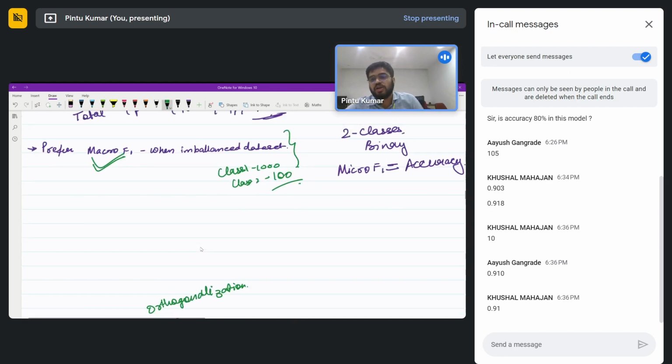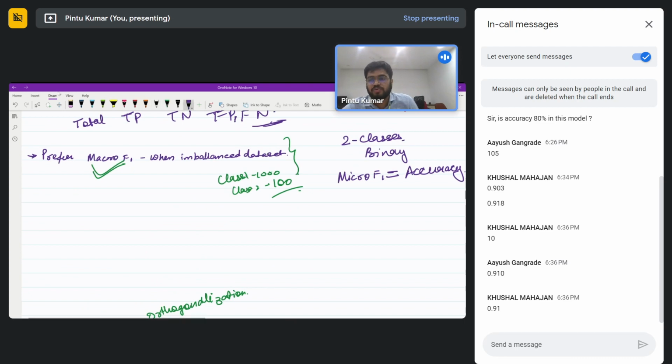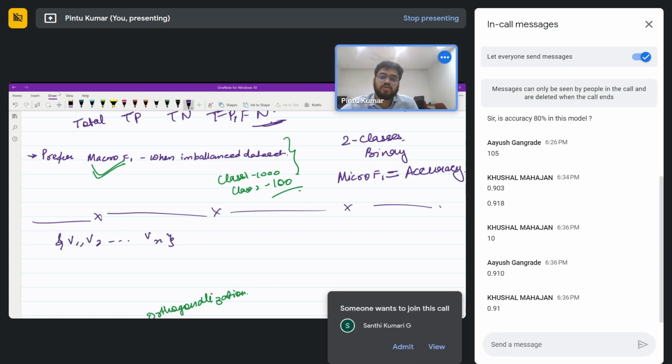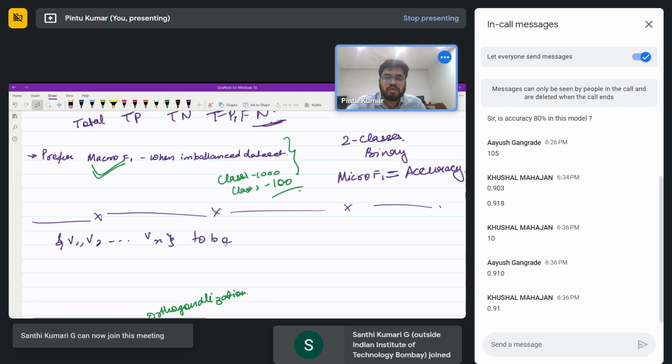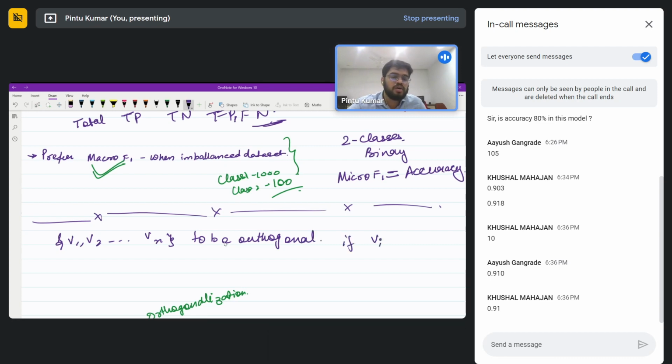So just a very small recap. I am sure everybody knows what orthogonal vectors and orthonormal vectors are. We call a set V1, V2, ..., Vn orthogonal if Vi dot product with Vj is 0 for all i not equal to j.